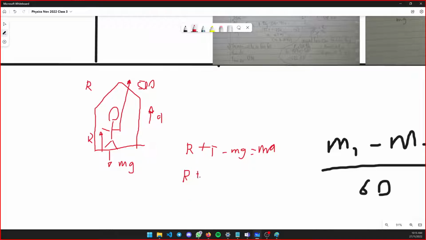We know the tension is 500, and we know mg is 60 times 9.81. That equals 60 times the acceleration we found just now, 1.3. You calculate all this, you get R equals roughly 1666 newtons. So that's roughly R.